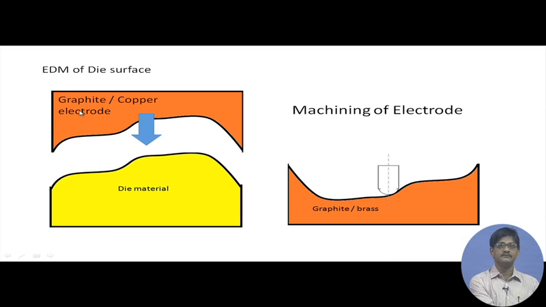Instead of that, we can have graphite or copper electrodes, and we can apply electrical discharge machining in the die sinking mode to remove material and get the die surface, die shape, provided the die is made of conductive materials, which is most commonly so for metals and alloys.